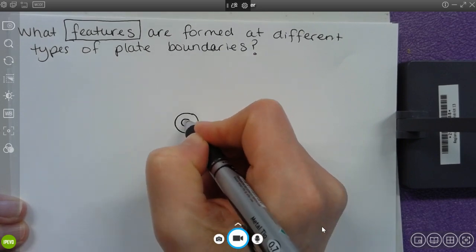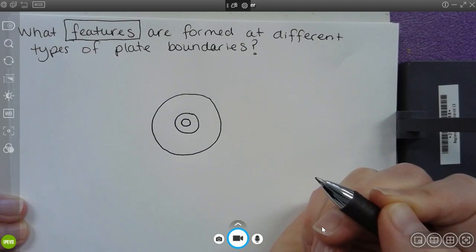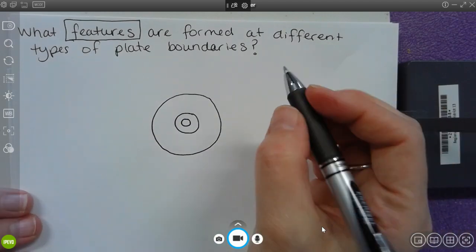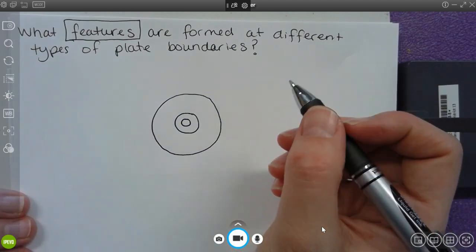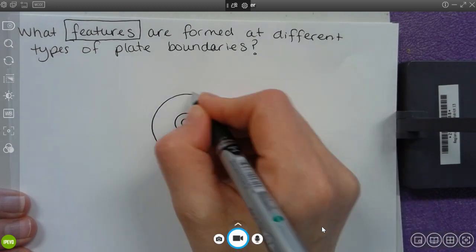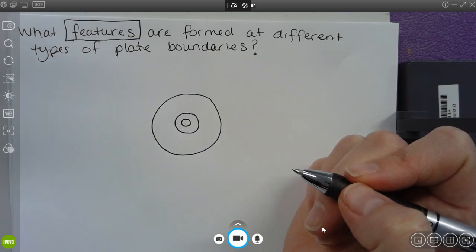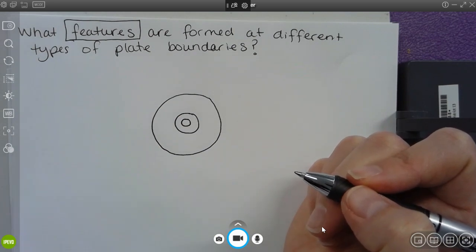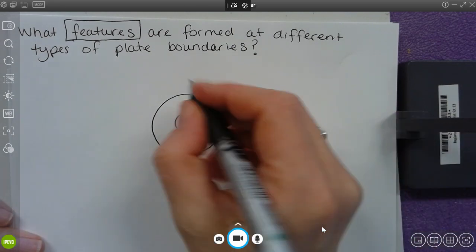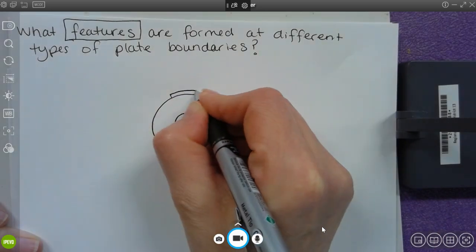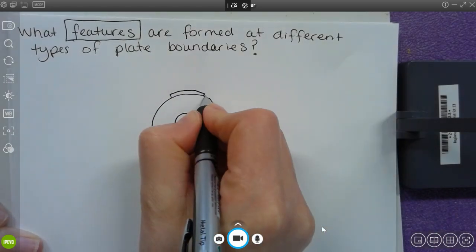I have a small circle followed by a slightly larger circle, and then a much larger circle in comparison. These represent the various layers of Earth. And on the outside of the Earth, we have our crust. But I'm going to draw the crust a little differently from how I've drawn it in the past. I'm actually going to show it with our plates on it.